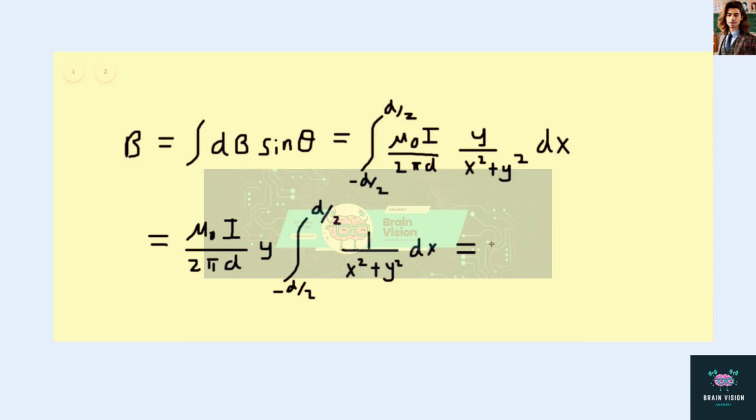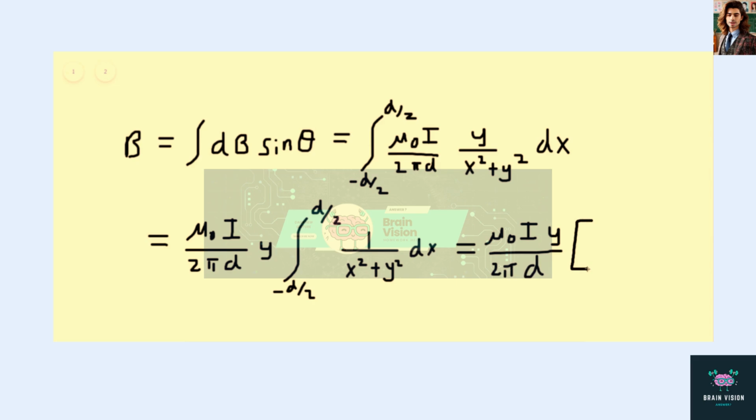But what we end up with is this comes out to equal mu naught I times y still, right? Over 2 times pi times d. And then what does the integral come out to equal?